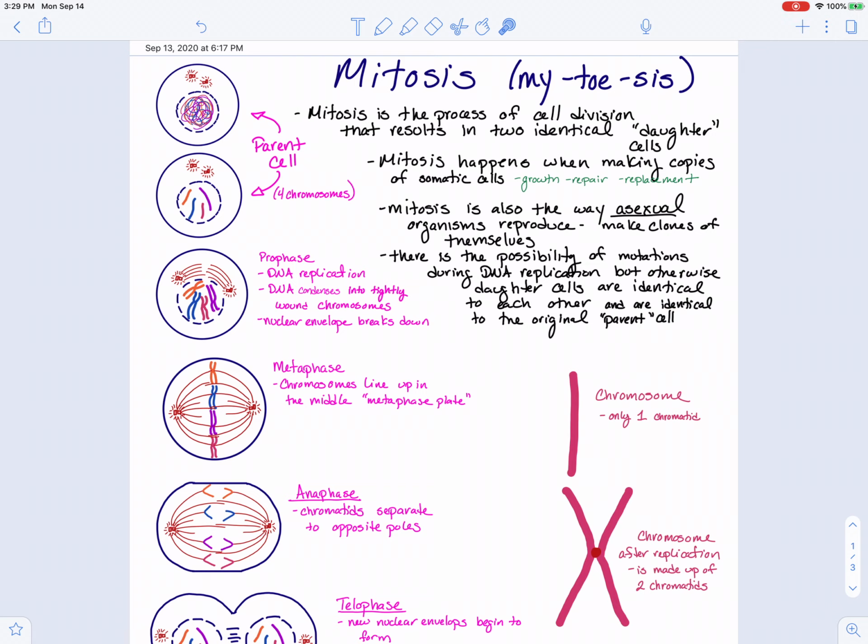So to go over a brief overview of what is happening, I drew the parent cell two different ways. Technically, the parent cell has a whole bunch of DNA on the inside, and it will look like this, but that gets a little bit confusing when we're drawing. So I also drew the parent cell like this, so that you could clearly see that there are 4 chromosomes in this organism.